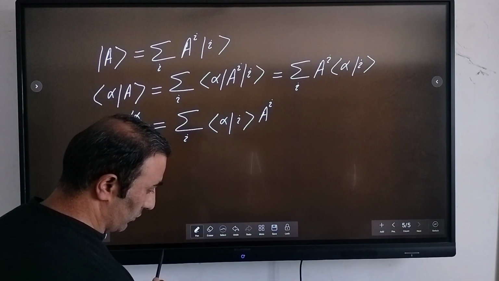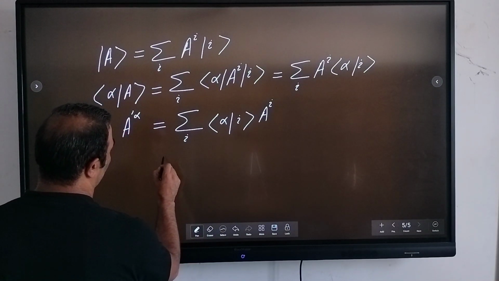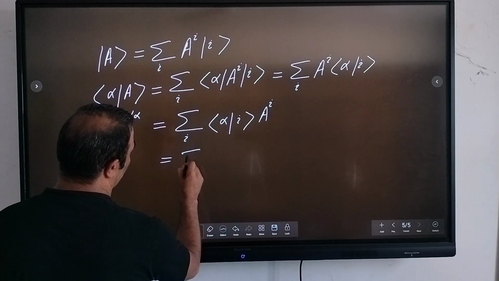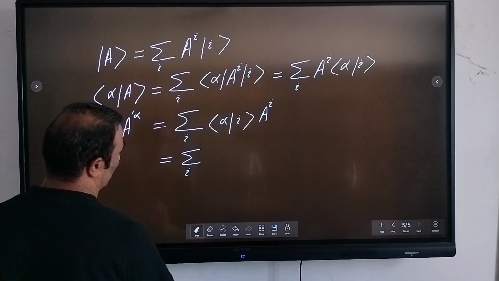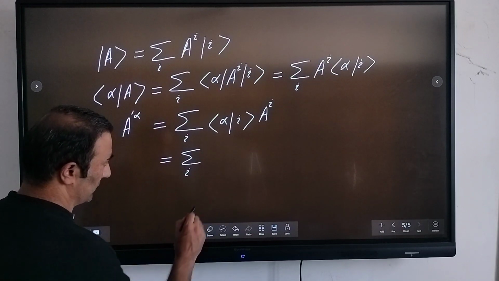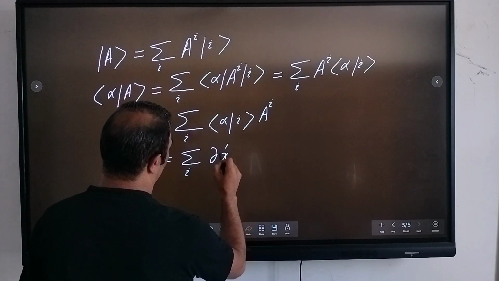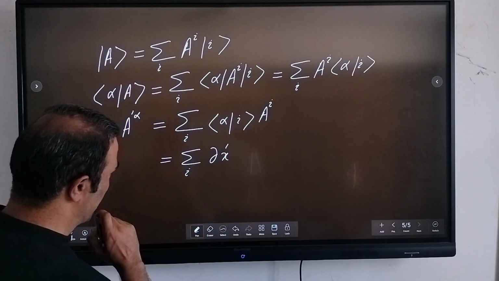So this will be equal to, you can write this as summation over i, and you can write this as partial x_i, partial x prime alpha.